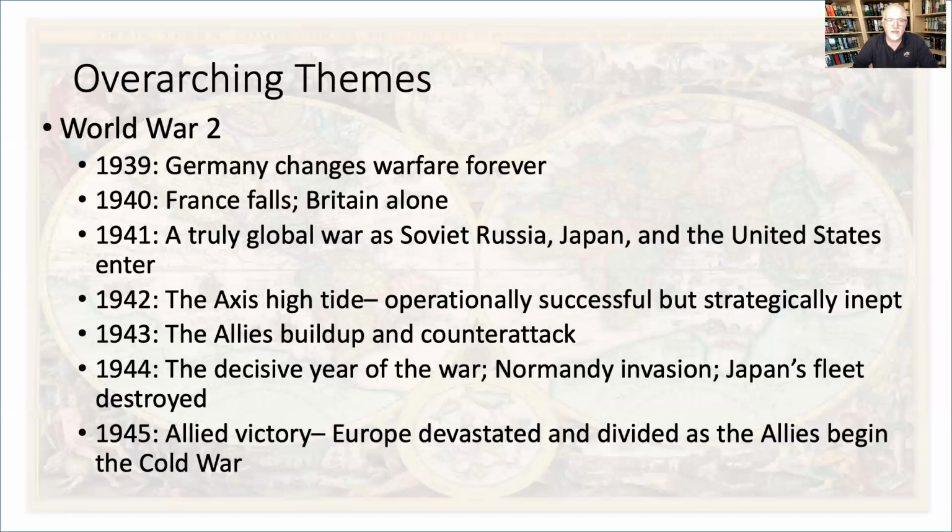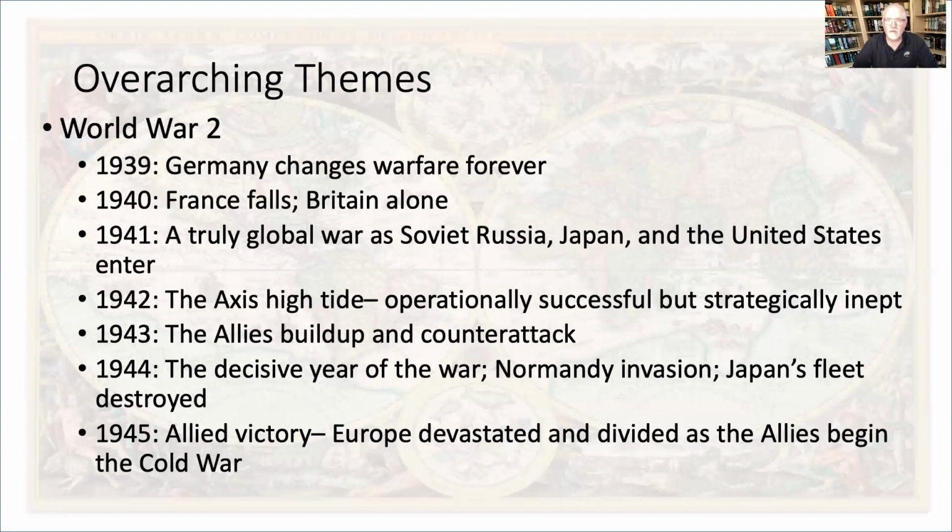Again, the offensive became dominant over the defensive for the most part, and the huge set-piece, bloody battles that were fought in World War I were pretty much gone because of maneuver and mobility. When the Germans attacked France in 1940, they accomplished in about 6 weeks what they were not able to accomplish in 4 years of fighting in World War I. They conquered France, Holland, Belgium, Luxembourg, Norway, Denmark, all in about 4 months.